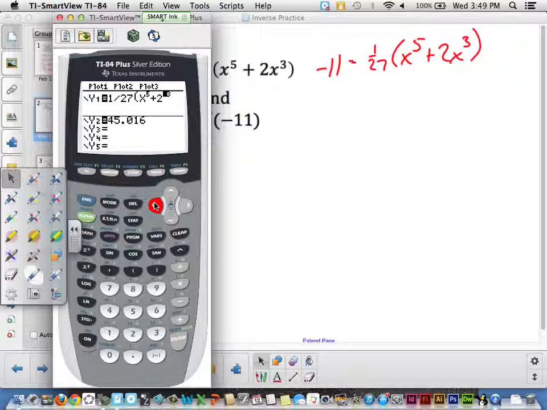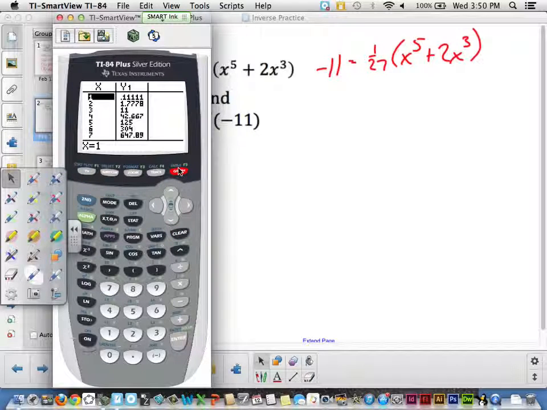This thing does not want to cooperate. Plus 2x cubed, and we'll do some plug and chug until we get negative 11.